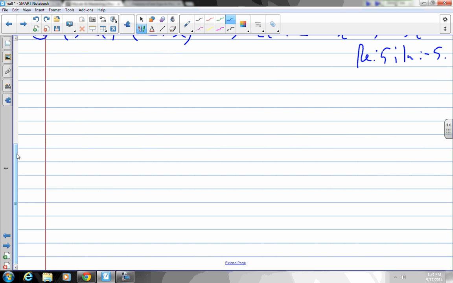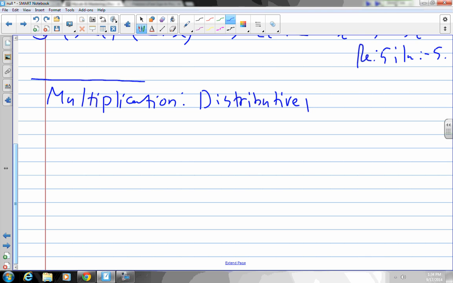Multiplication is also pretty simple. Multiplying complex numbers just comes down to the distributive property or FOIL. You just either distribute a number or you FOIL, and that should be pretty straightforward. So it's either the distributive property or a fancy distributive property, which is FOIL.